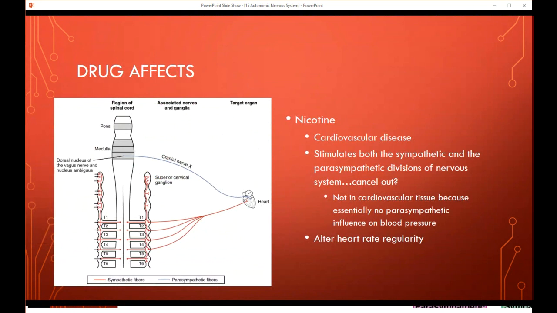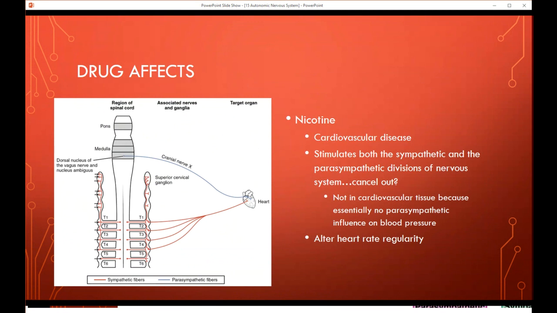So there are different types of drug effects, and it depends on the drug itself. So nicotine, you may remember that we talked about some nicotinic receptors. Nicotine is very prevalent in cardiovascular disease, and one of those reasons is because it stimulates both the sympathetic and the parasympathetic divisions of the nervous system. So most of the time that would cancel itself out, because we have that dual innervation.